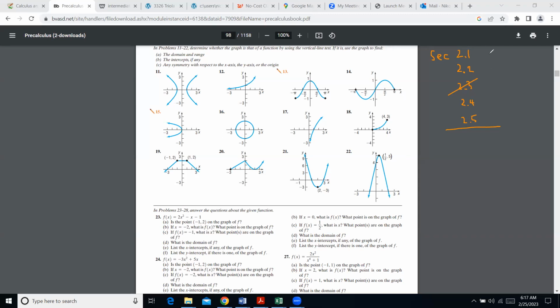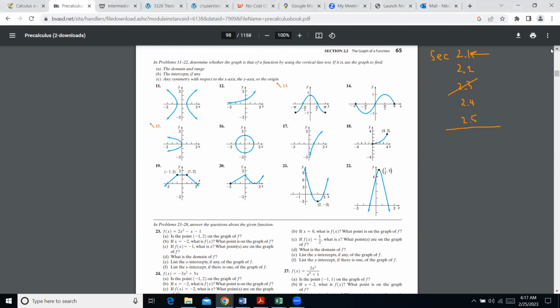So 2.1, some people already did, and that's great. So right now it's 2.2 and 2.4. So I'm doing the exercises from section 2.2, and you should always do problems similar to what is done in class.